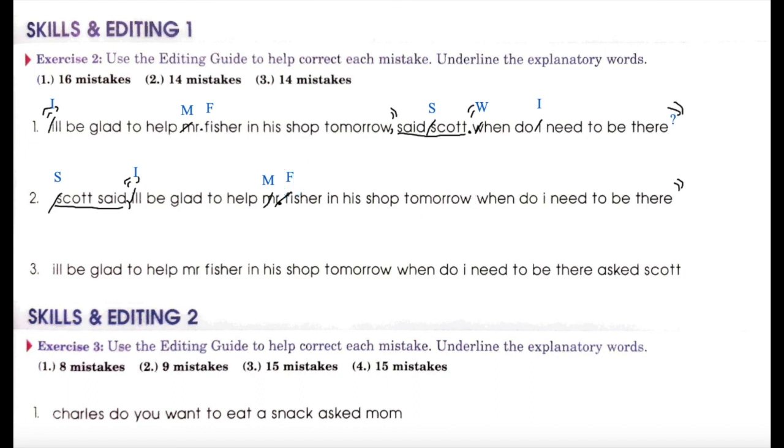This is the end of a sentence, so we need to put a period at the end. And then we need to capitalize the first word of the next sentence. When do I always capitalize the word I? Need to be there. We need ending punctuation, and this is a question, so we need a question mark.